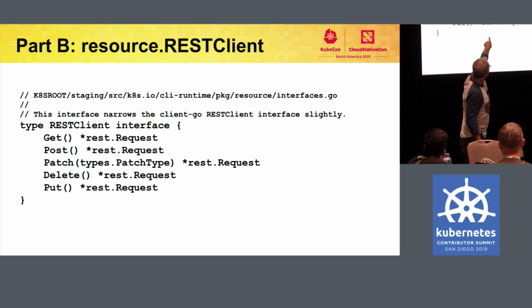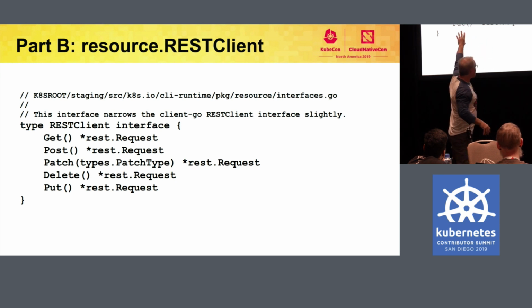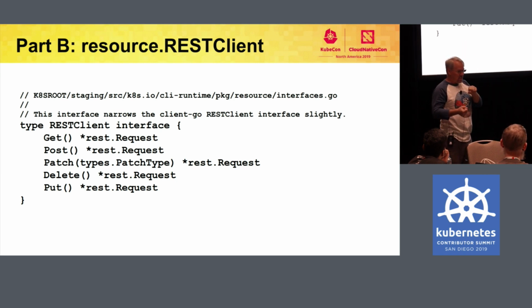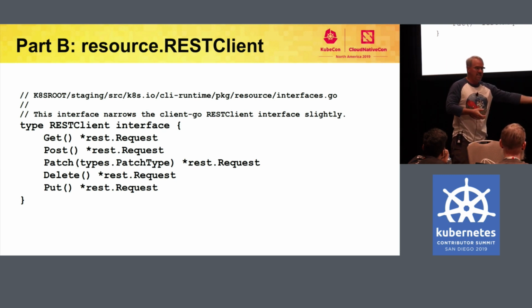I've shown up top where this interface exists. So your general client-go has an interface, and in Kube control, we've narrowed it to just those particular REST methods. You're going to see the REST client in a lot of different places. It knows how to spit out the low level HTTP method and generate the URL in order to talk to the API server to do the CRUD operations on the API server.